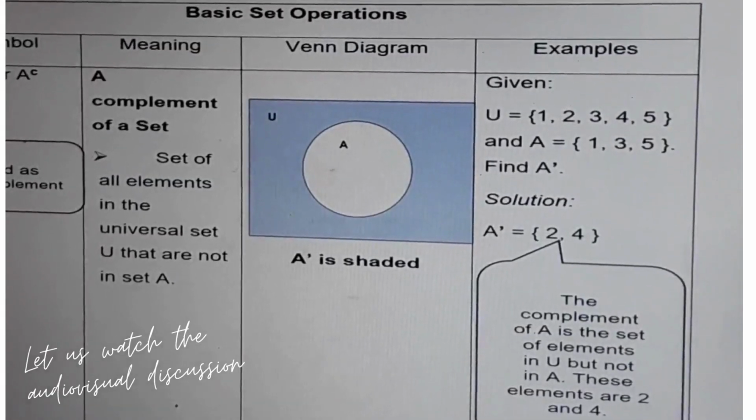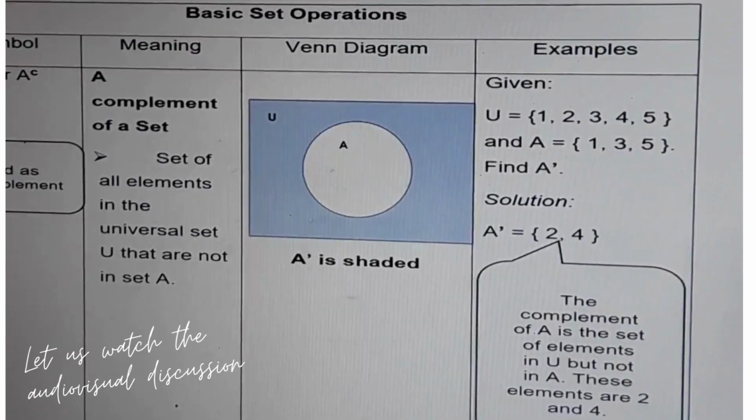So the basic set operation. We have here a symbol of A apostrophe or A to the power of C, meaning it is read as A complement.